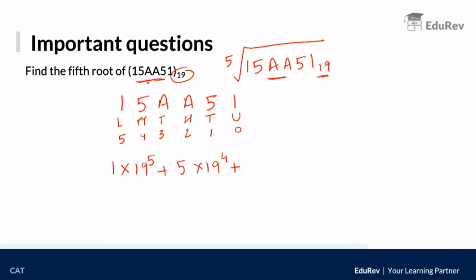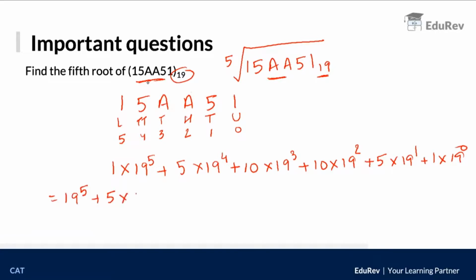So this will be 10 into 19 cube plus 10 into 19 square plus 5 into 19 raised to 1 plus 1 into 19 to the power 0.